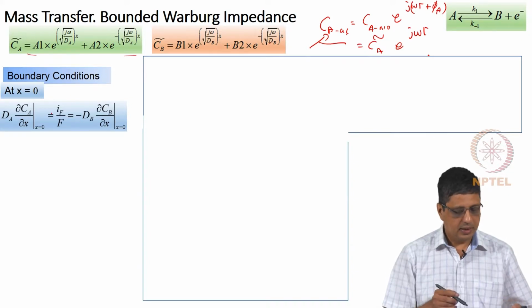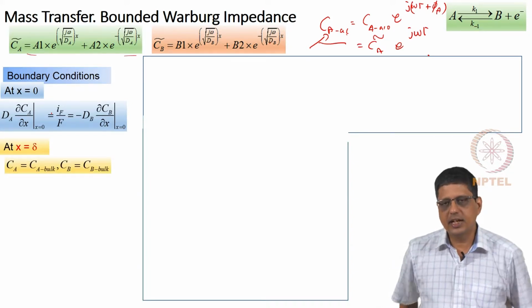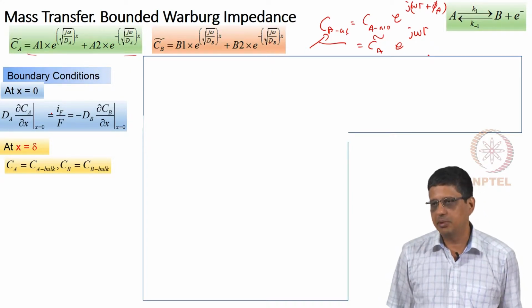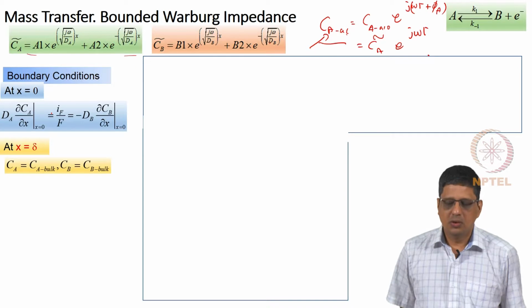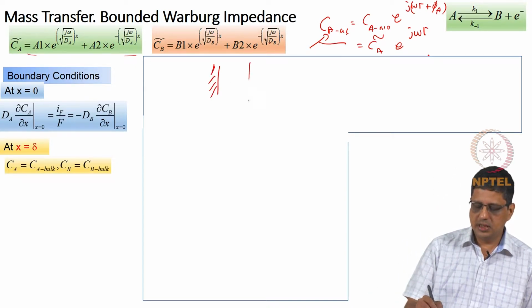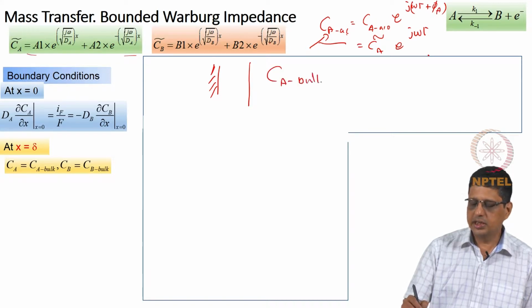Second boundary condition, instead of saying x equal to infinity, we say x equal to delta, concentration is Ca bulk and Cb bulk, which means if this is the electrode, this is the boundary layer, beyond this concentration remains the same.